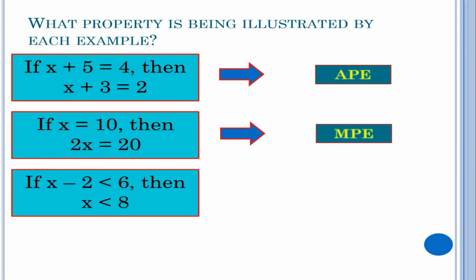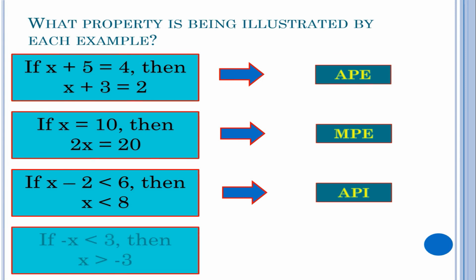And then number 3, if x minus 2 is less than 6, then x is less than 8. What do you think is the property applied? Yes, correct. The property applied is the addition property of inequality. So we added positive 2 to both sides of the inequality to have x is less than 8.